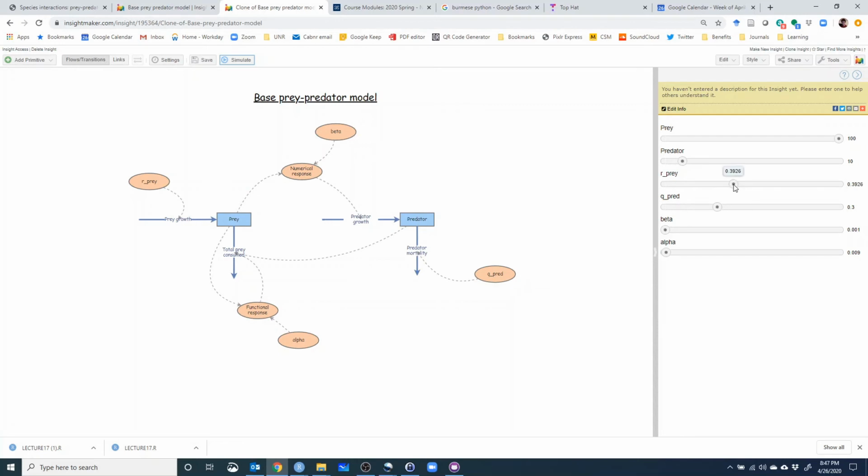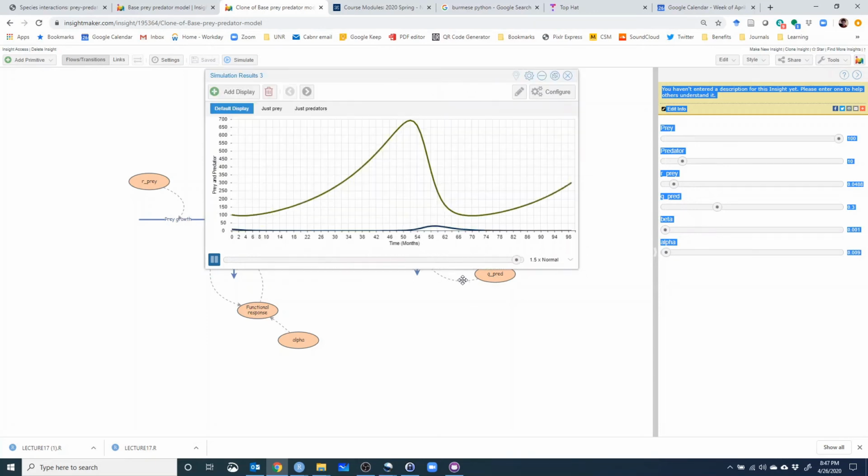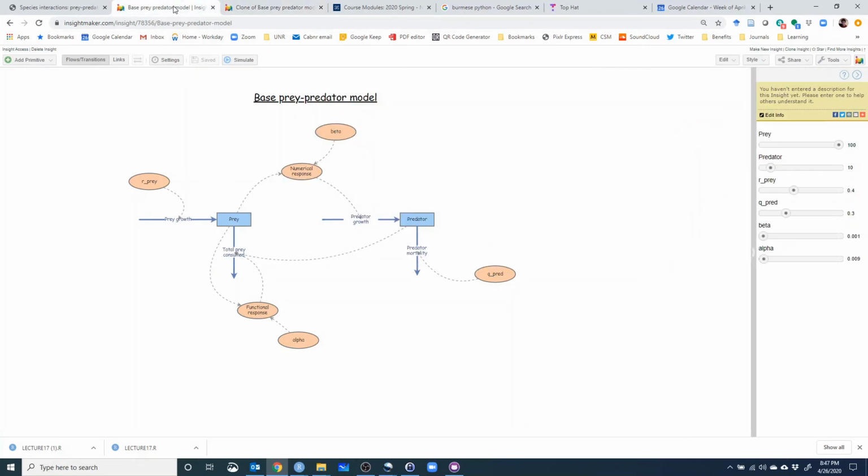Like, what if you reduce the intrinsic rate of growth for the prey population? Well, you still get something, but it just goes a lot slower. It's still kind of interesting. So take a few minutes to play around with it.